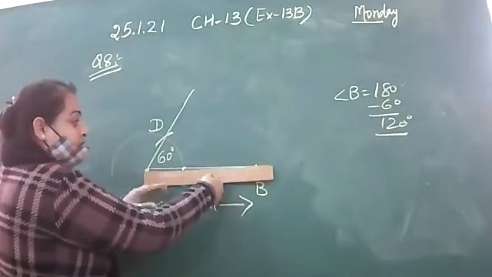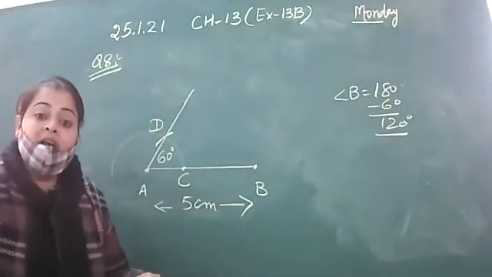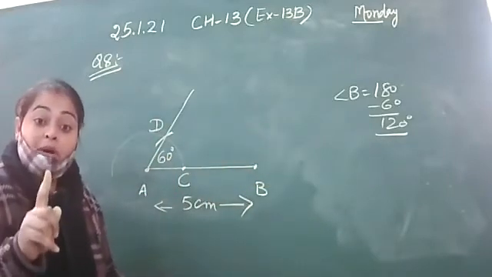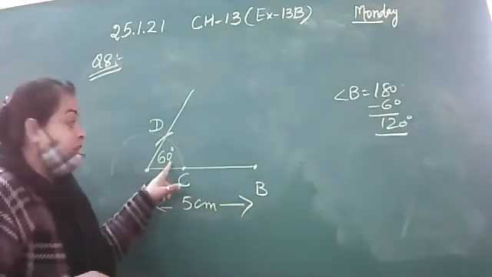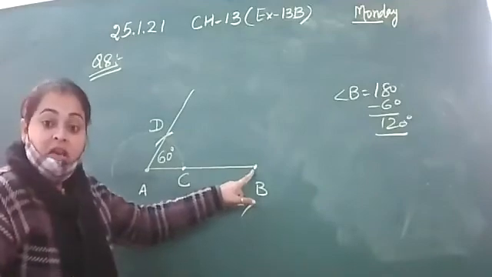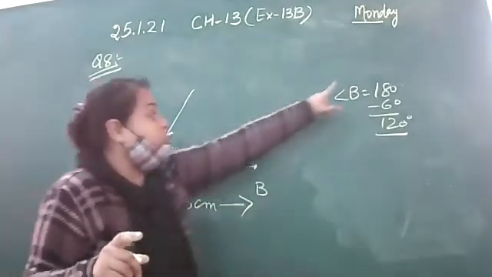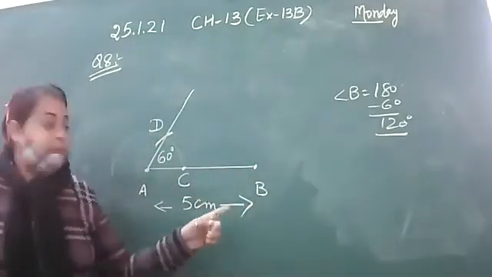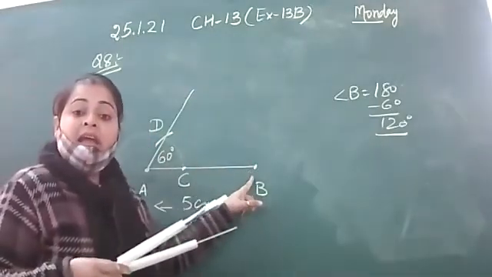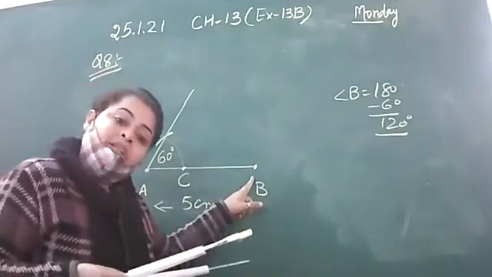So angles on the same line equal to 180 degree. I am talking about rhombus only. If this is 60, then you can easily find this, subtract this 60 from 180 degree, 120 degree. Now at B, we will construct an angle of 120 degree.